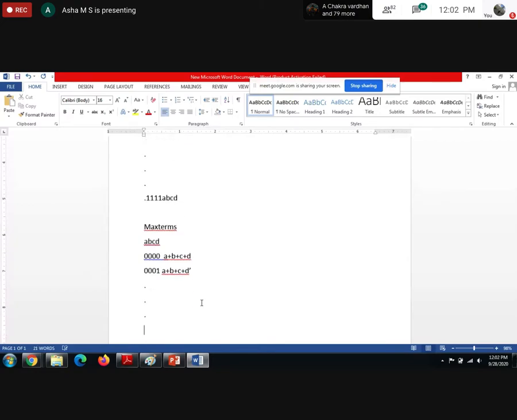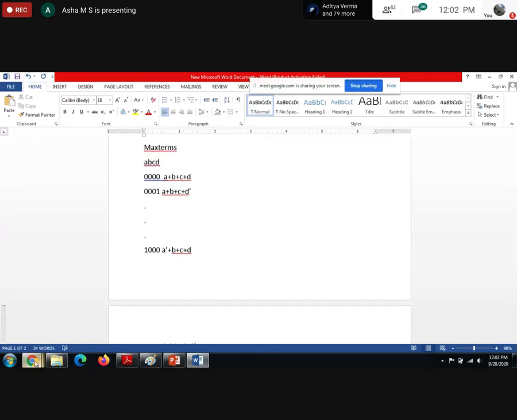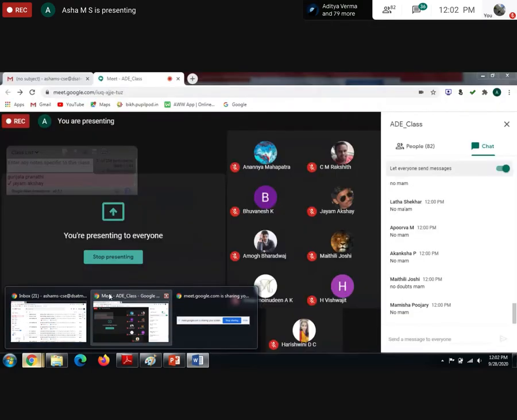Similarly, the combination 1000 is represented by A bar plus B plus C plus D. Similarly, 1111 is represented by A bar plus B bar plus C bar plus D bar. Are you clear how to write the max terms? Any doubts in this?